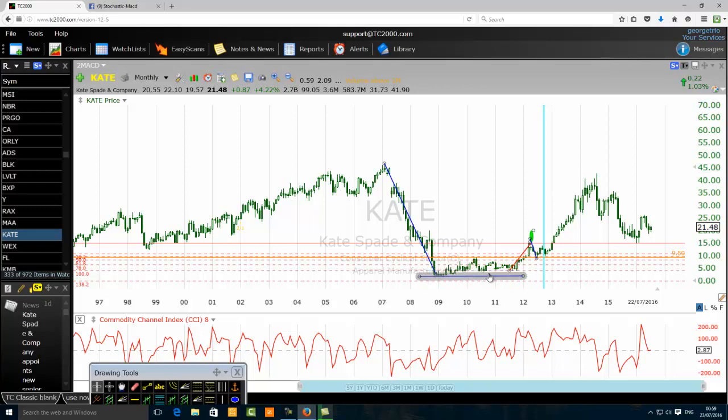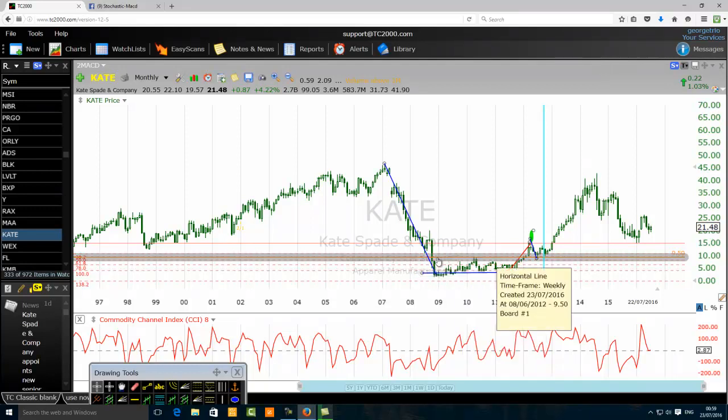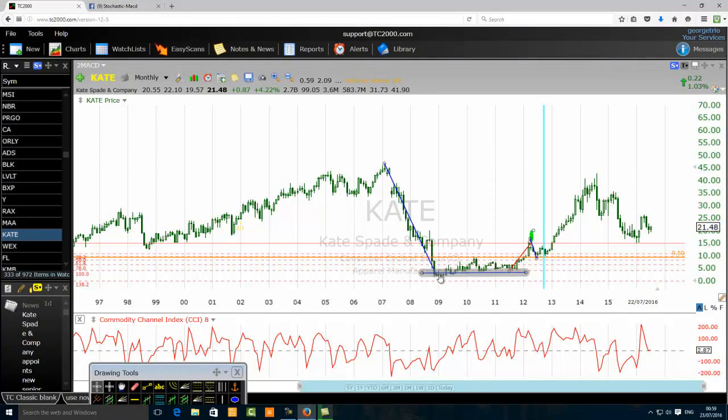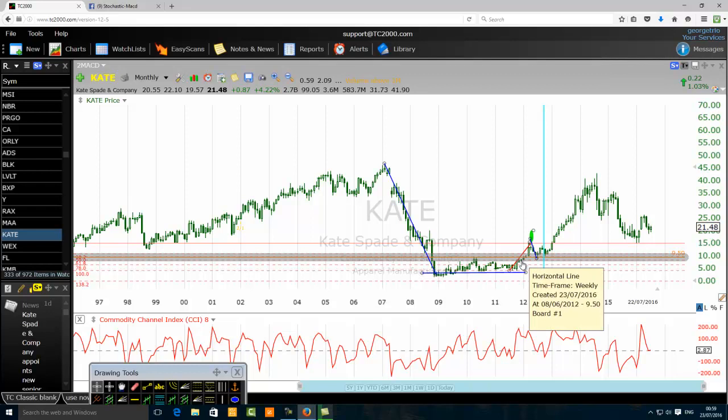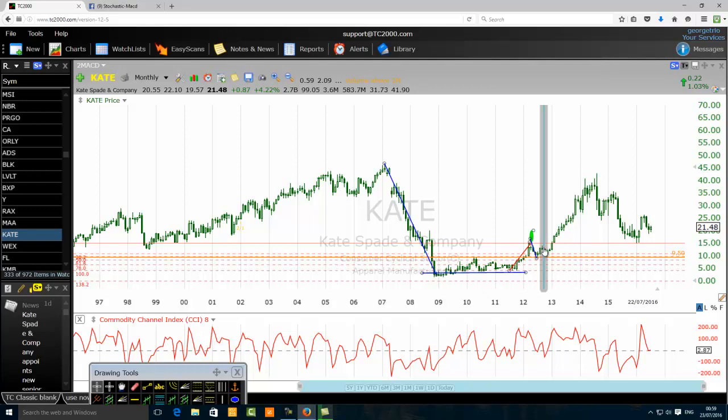The price was consolidating, up, down, between this blue horizontal line and my orange line. Now the price breaks above that consolidation and was retesting it, but also forming a double bottom chart pattern above the consolidation.